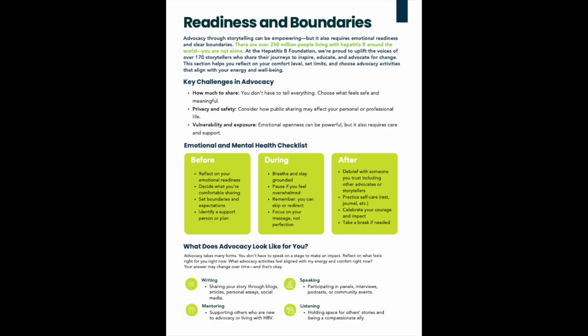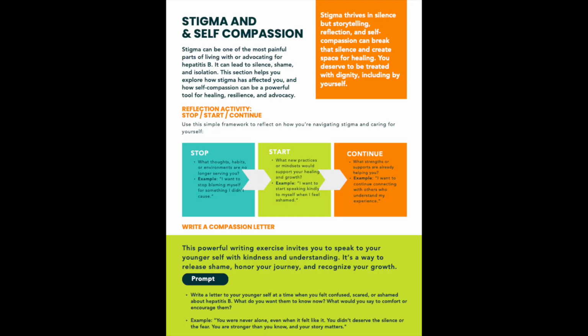So, this one focuses a little more on some other activities that you can do. We have the reflection activity. This is a simple framework to reflect on how you're navigating stigma and caring for yourself. What are thoughts, habits, or environments that are no longer serving you? For example, maybe you thought you were okay with participating in public events and now you just feel overwhelmed by them.